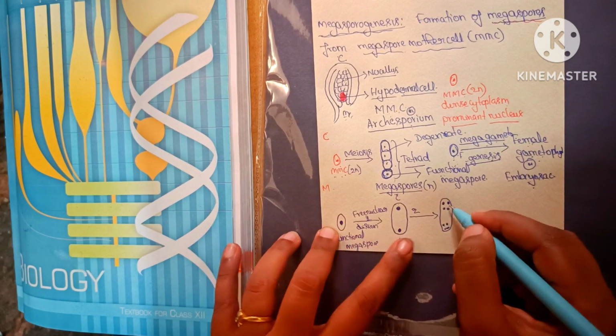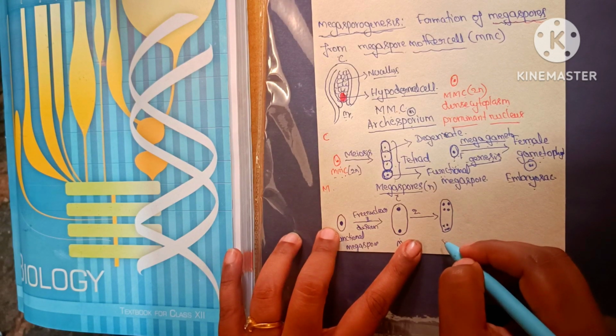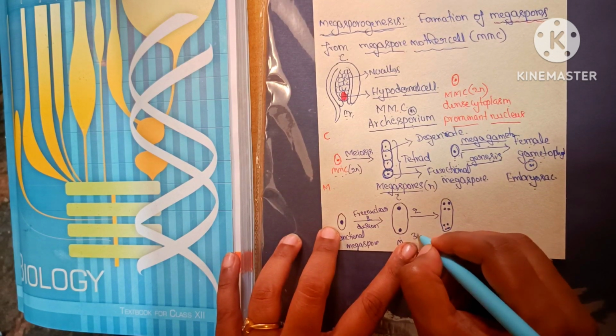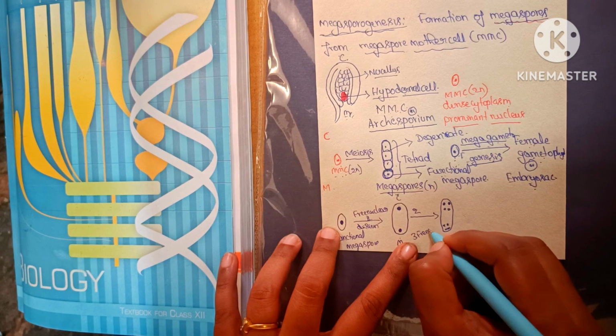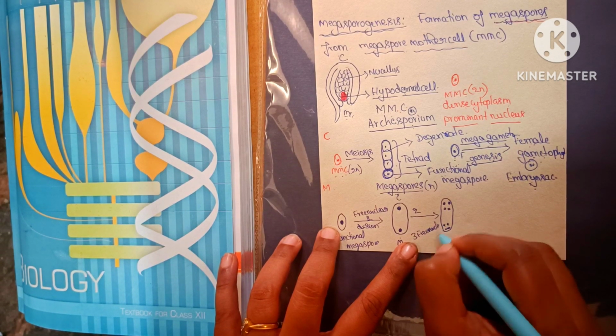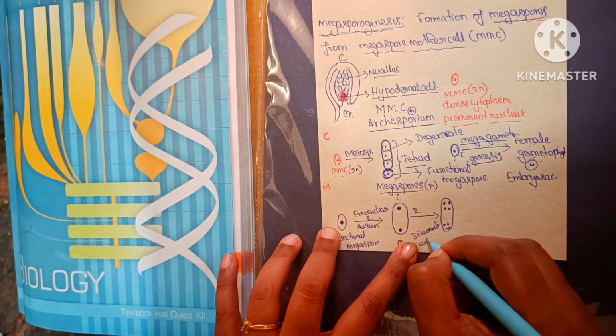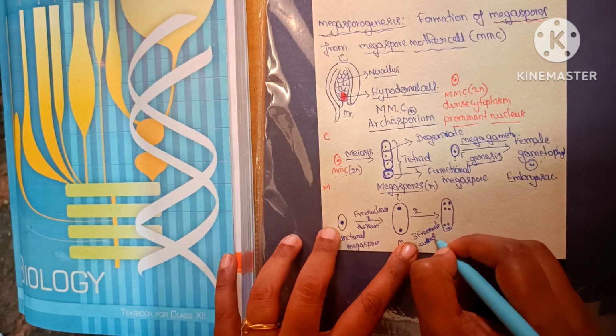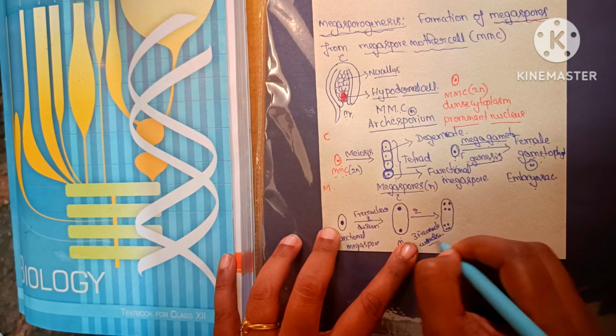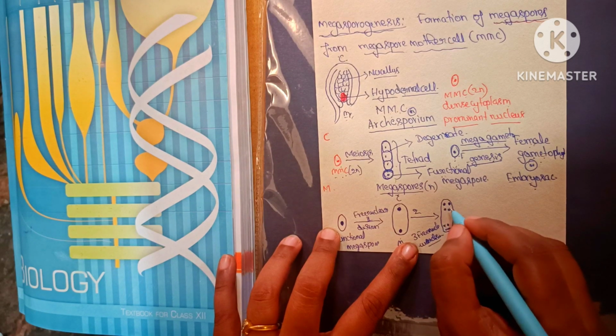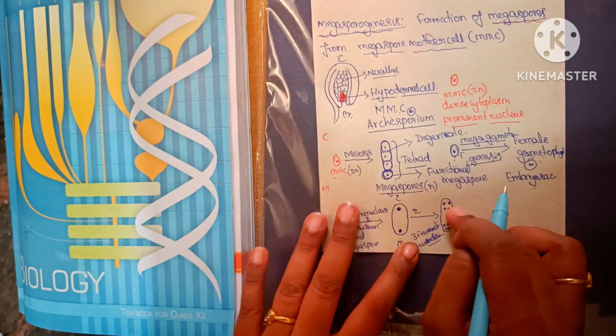That means totally there is formation of 8 nuclei, after 3 free nuclear divisions. Free nuclear means there is only division of nucleus and no formation of cell wall surrounding the formed nucleus.